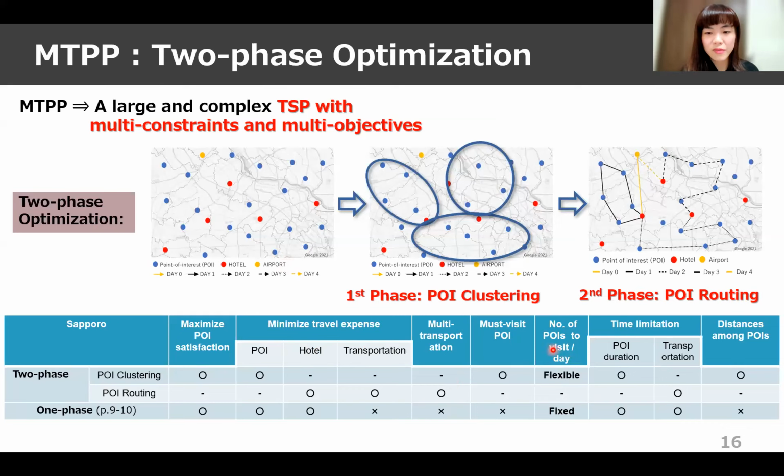However, if we set this number of POIs to be flexible, then the user can visit 3 POIs on day 1, 4 POIs on day 2, and 3 POIs on day 3. So it's flexible for the user to choose what they would like to do.